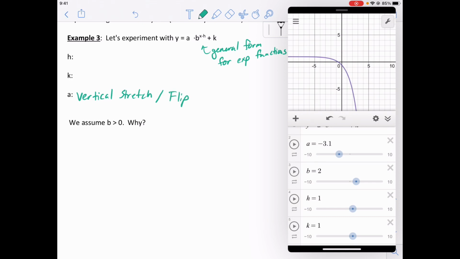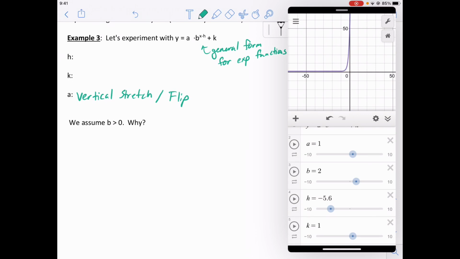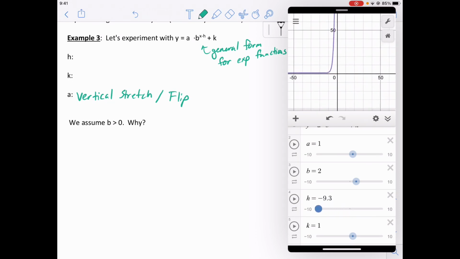Right? If we look at h, let's reset this back to like 1. If we look at h, what does it do? Well, it might look like it's making our graph wider, but really all it's doing is moving our graph to the left and right.